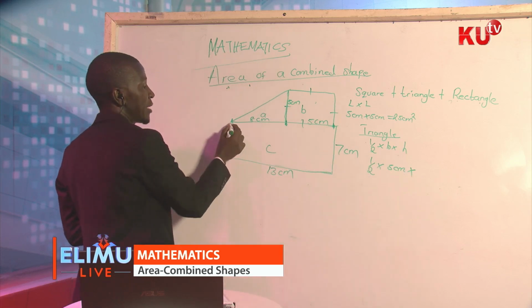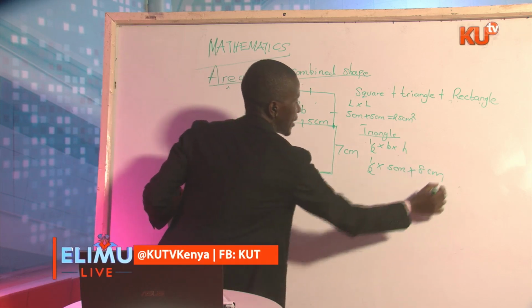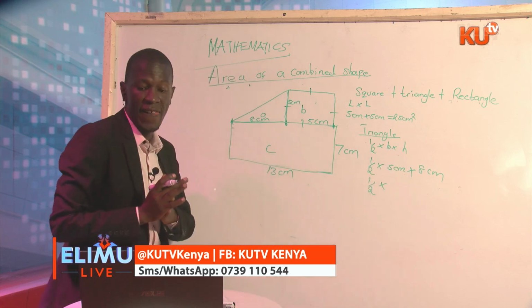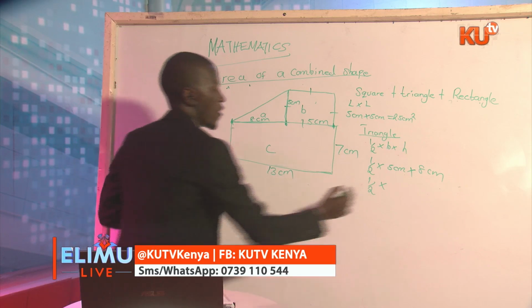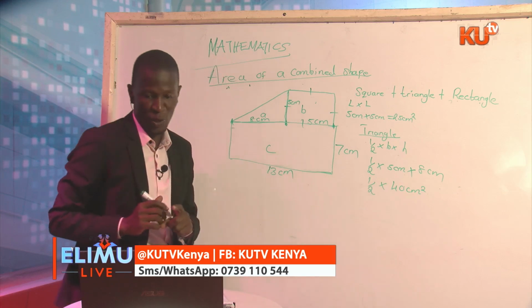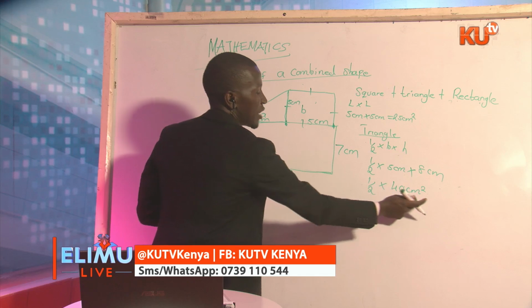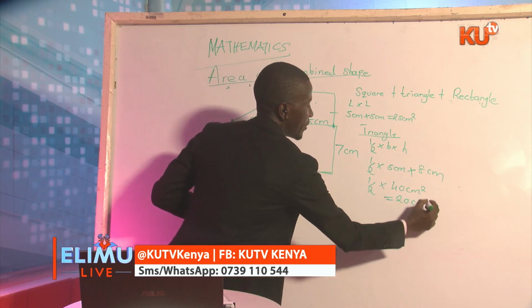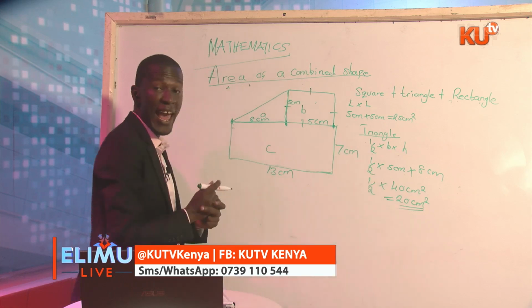What is our height? The height is 8 centimeters. So we work it out: 1/2 times 5 times 8. 5 times 8 is equal to 40 centimeters squared. So we get 1/2 of 40, which is 20 centimeters squared. So this is the area of the triangle.